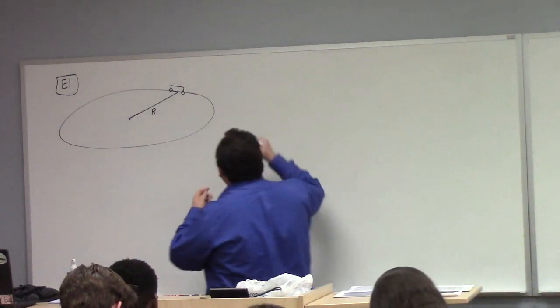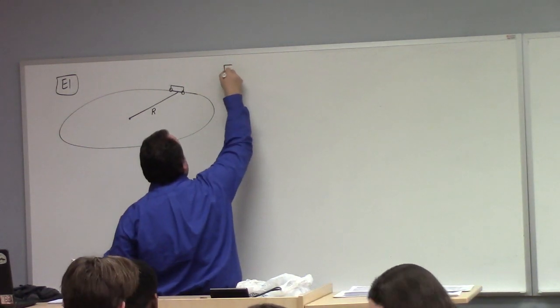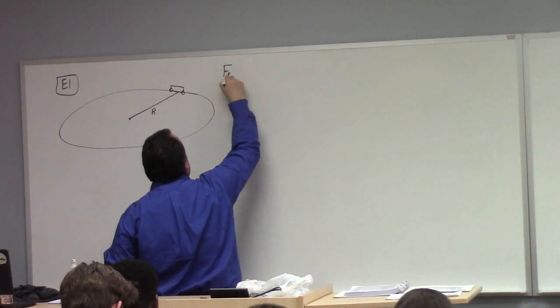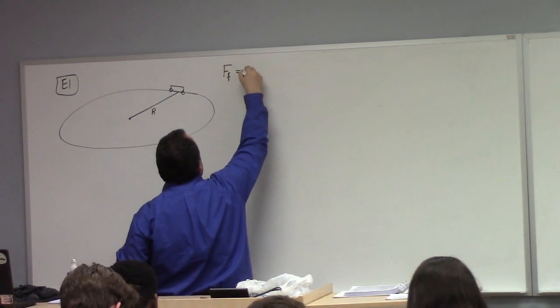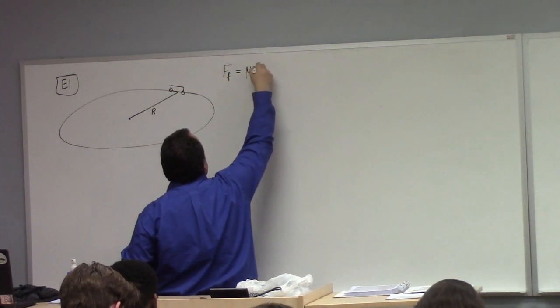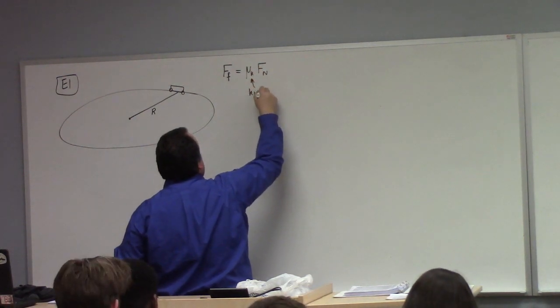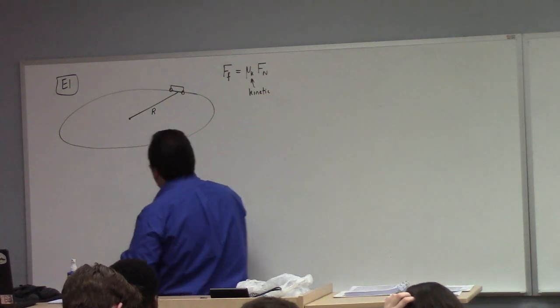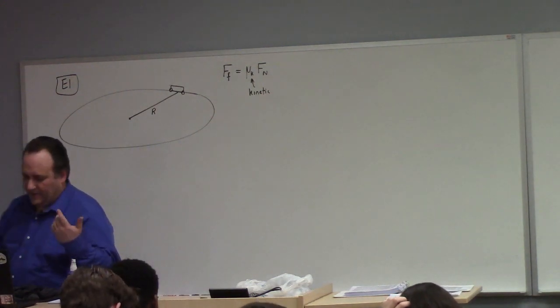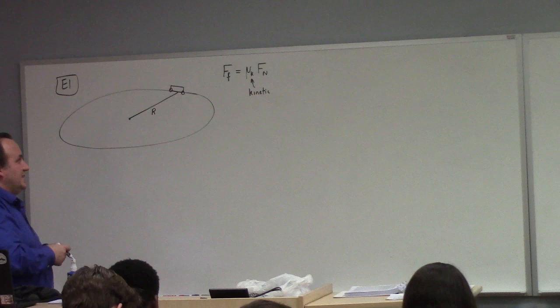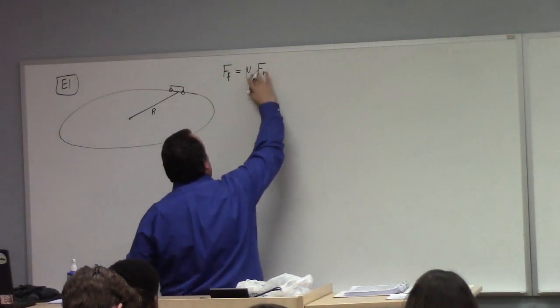Furthermore, you have a force of friction, which is equal to mu k times the normal force. Of course this is kinetic in this case. Well, to be fussy, it's not really kinetic. Let me just say mu times the normal force.